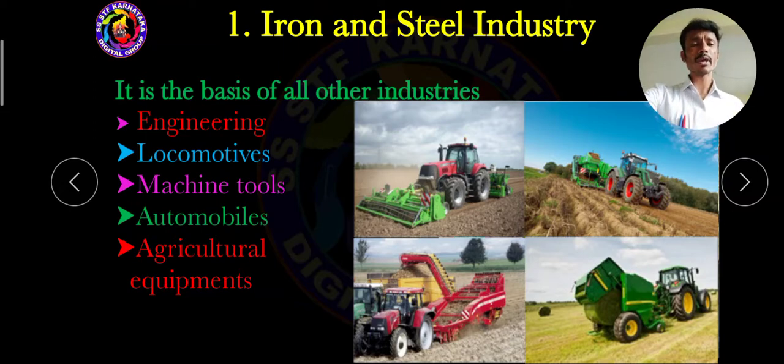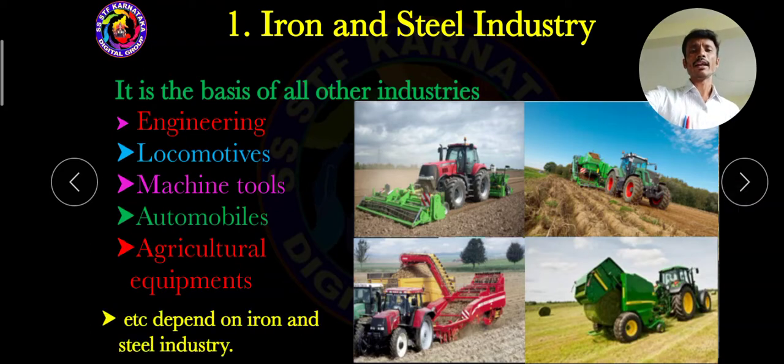These spare parts belong to and depend on the iron and steel industry. So what we have mainly learned, engineering, locomotives, machine tools, automobiles, agricultural equipment, all mainly depend on the iron and steel industry.